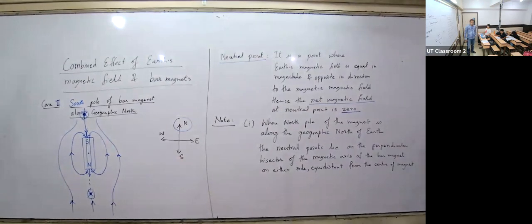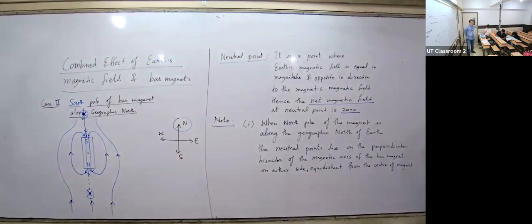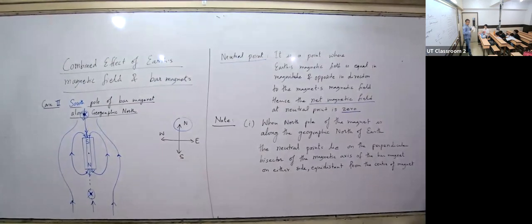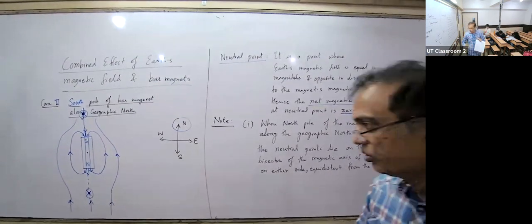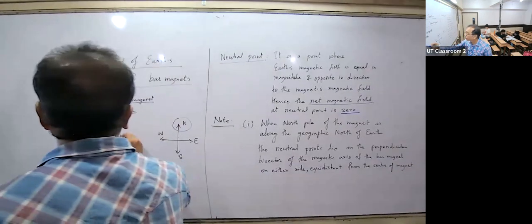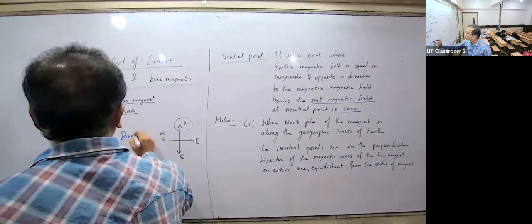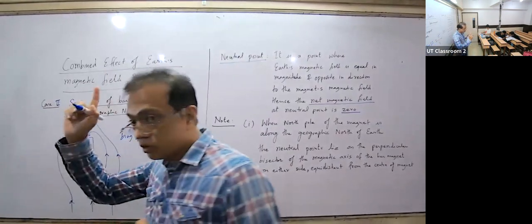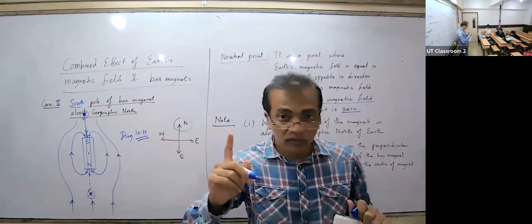When the south pole of the bar magnet is along geographic north, you draw this diagram. That's a conceptual diagram. Write down this diagram, 10.10, textbook diagram. Earlier was diagram 10.9, textbook.